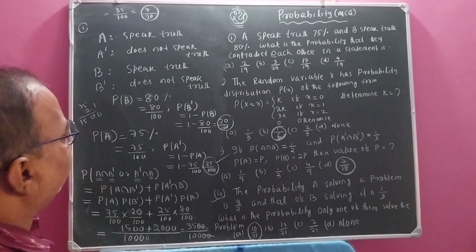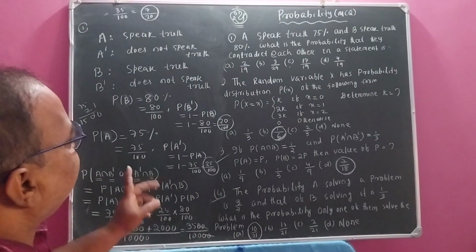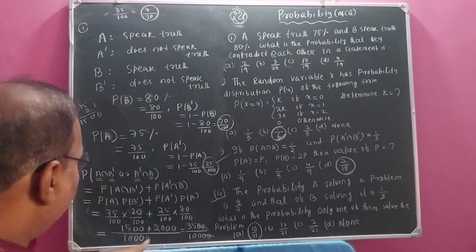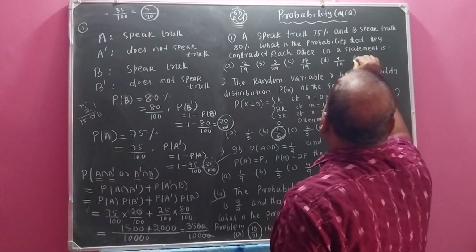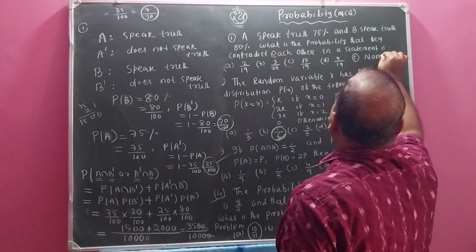Okay? 7 by 20 is the answer, but here there is no such answer in the given options. So it is none. Write down: none is given.